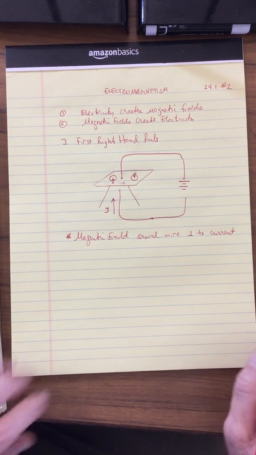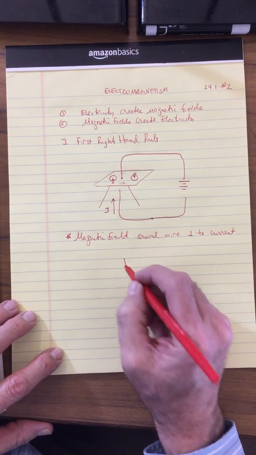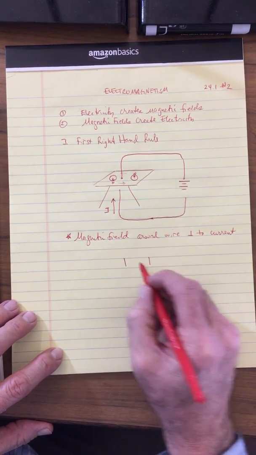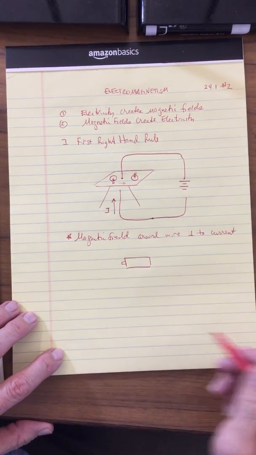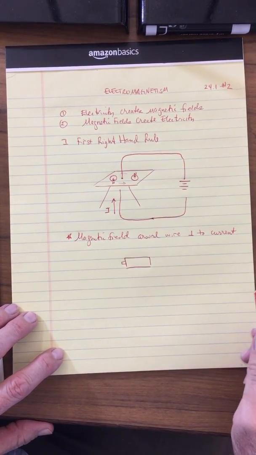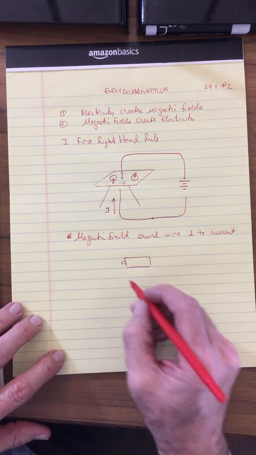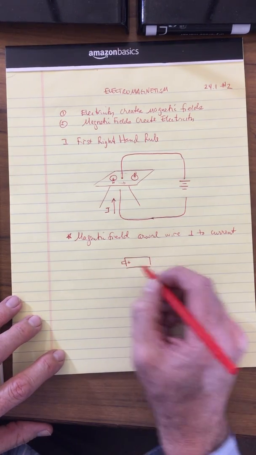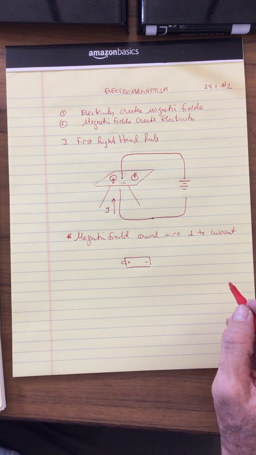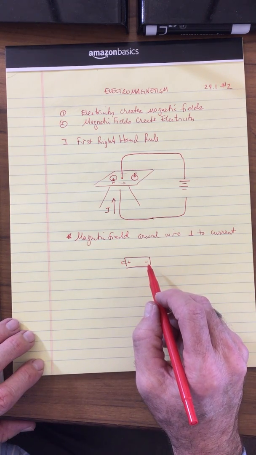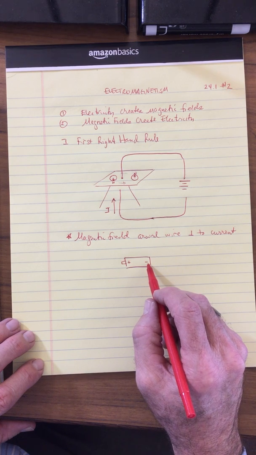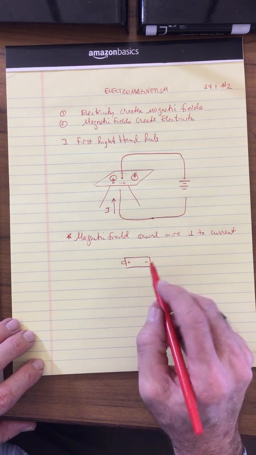So imagine that we have a battery like this. Let's just say it's a C battery or a D battery, okay? And even though this is the positive and this is the negative, in chemistry we talked about the electrons coming out of the negative terminal, which is the anode.